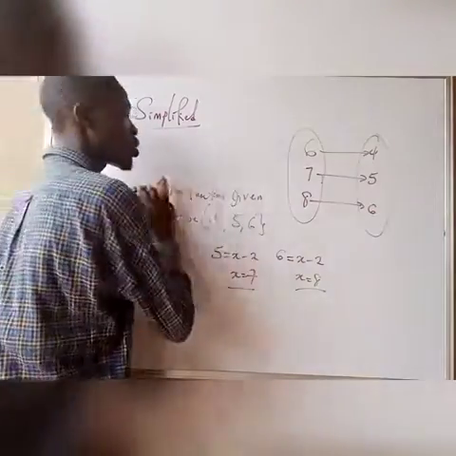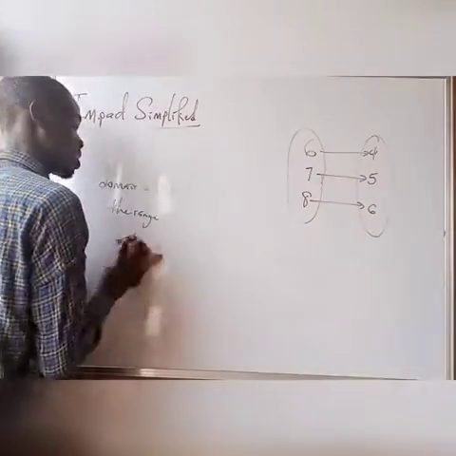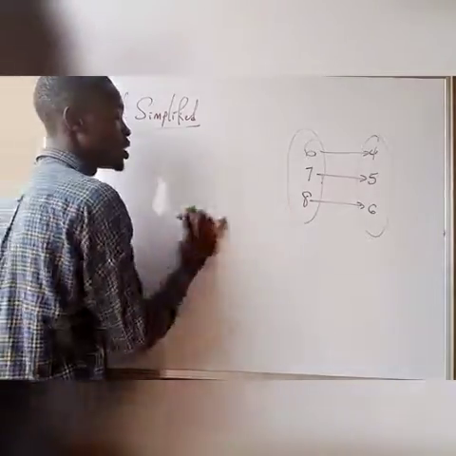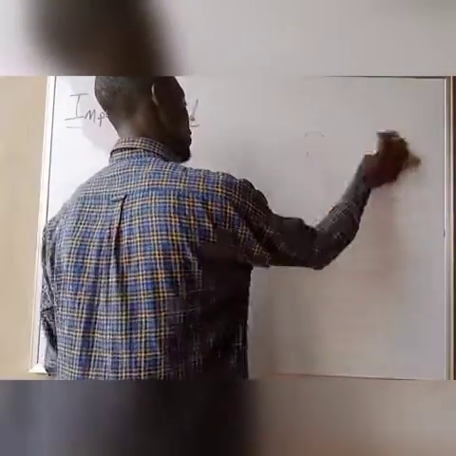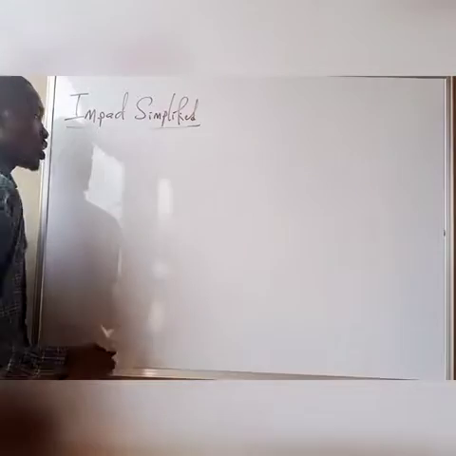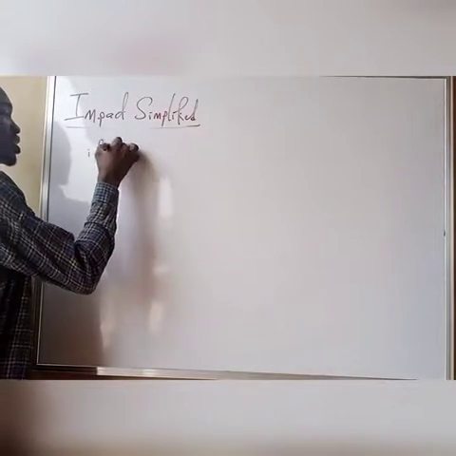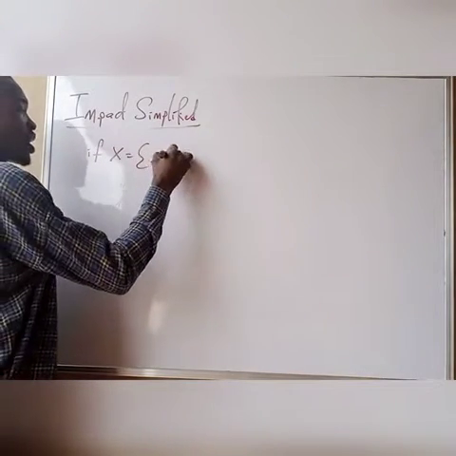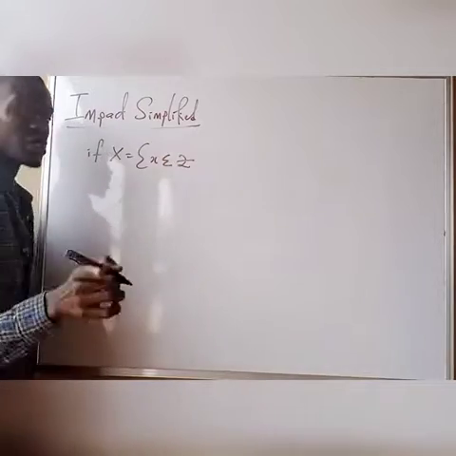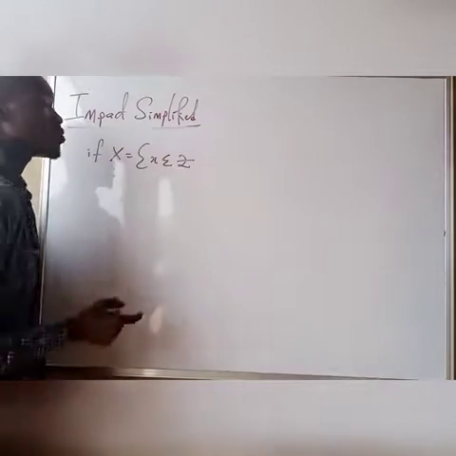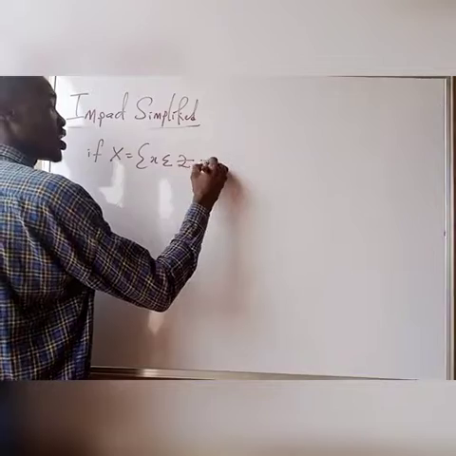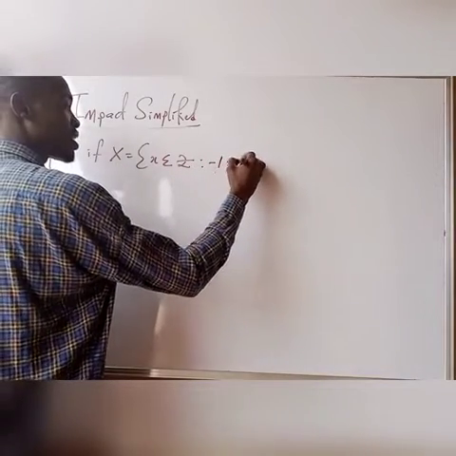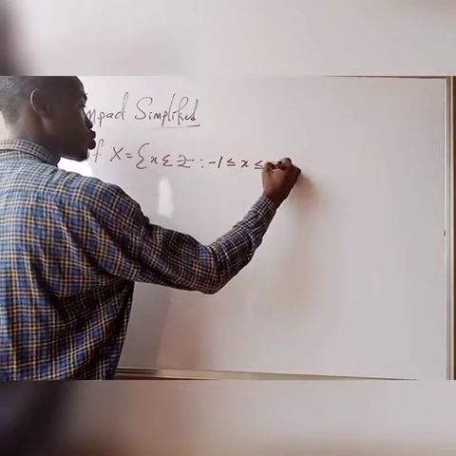Now let's look at a question again that is linking range, domain, codomain, inverse, and all together. Now we have a question like this. They say x is an element of Z. And what is the meaning of Z? Z simply means an integer. Now they said minus 1 is less than or equal to x, which is less than or equal to 2.